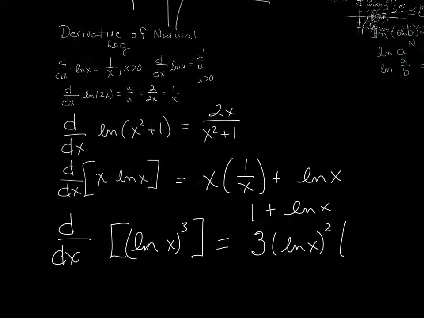What's the derivative of the natural log of x? 1 over x. Okay. So notice, this is not the same as the natural log of x cubed. It's the whole thing cubed. So it makes a difference in how we actually integrate that.